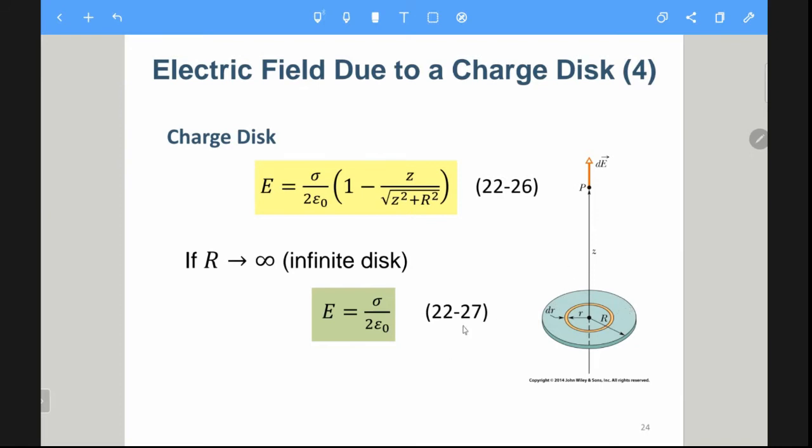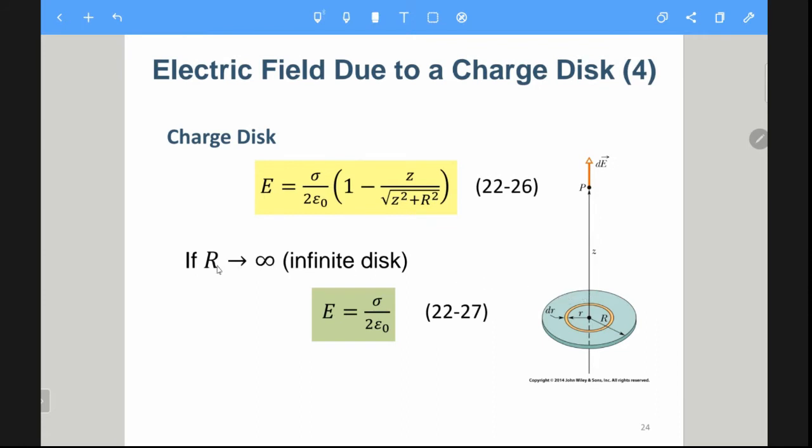So we have a really, really large disk with many charges. Actually infinitely many charges, because the density is finite. If the area is infinite, then it's somehow like sigma times an infinite area. There will be infinitely many charges.